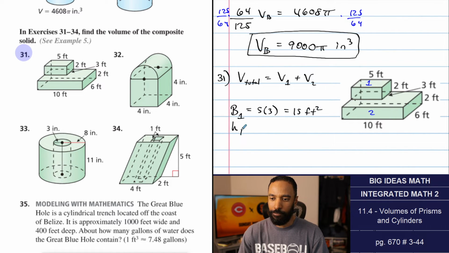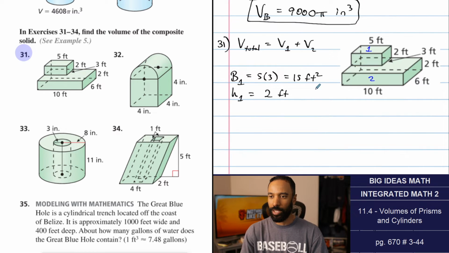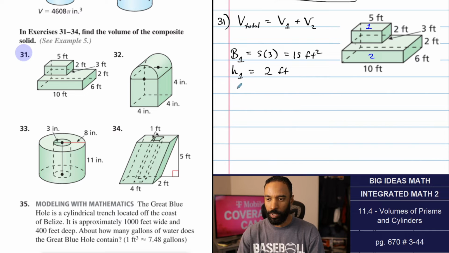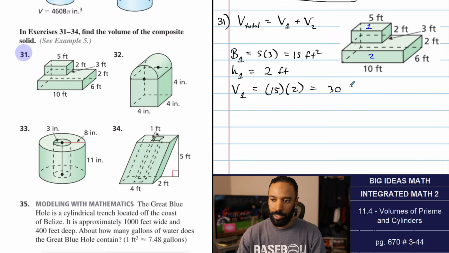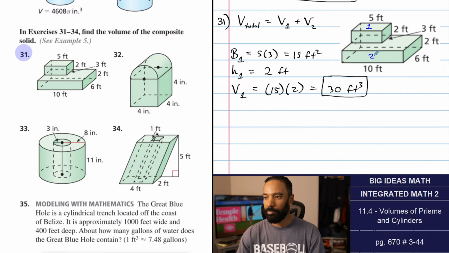And the height of volume 1 is 2 feet. It's very easy to get disorganized in this unless you do something like what I'm doing here. So the volume of item 1, object 1, is area of base times height, which is 30 cubic feet. Let's leave that for a moment. It's not the final answer, but let's leave that there.